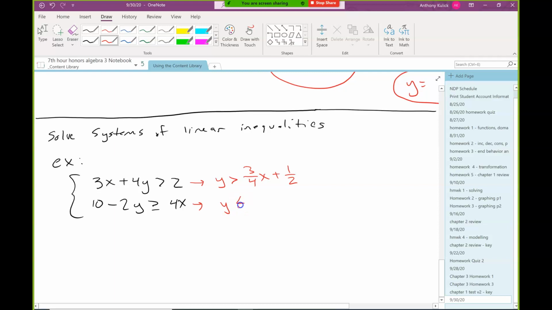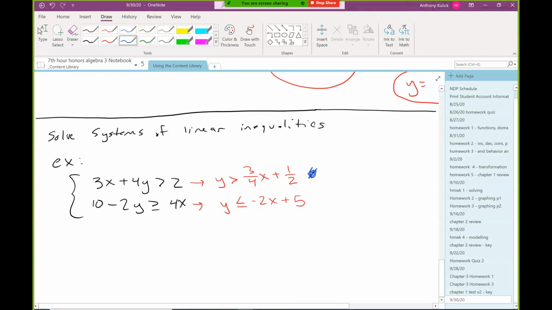Notice that when we do that, because we're dividing by a negative, the inequality symbol is going to switch directions. So far, so good?